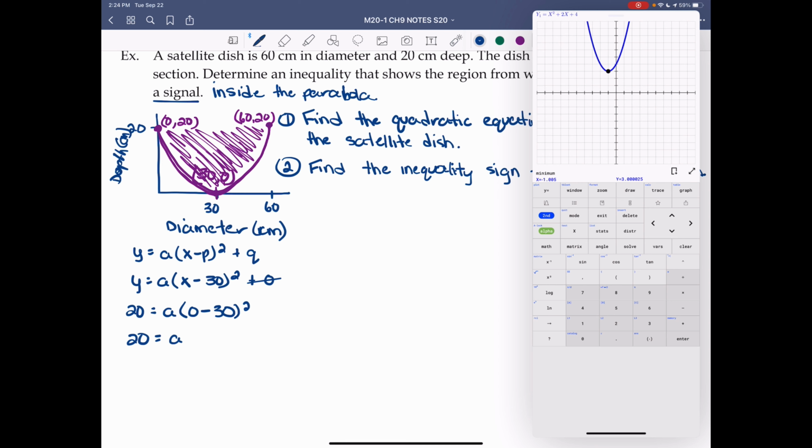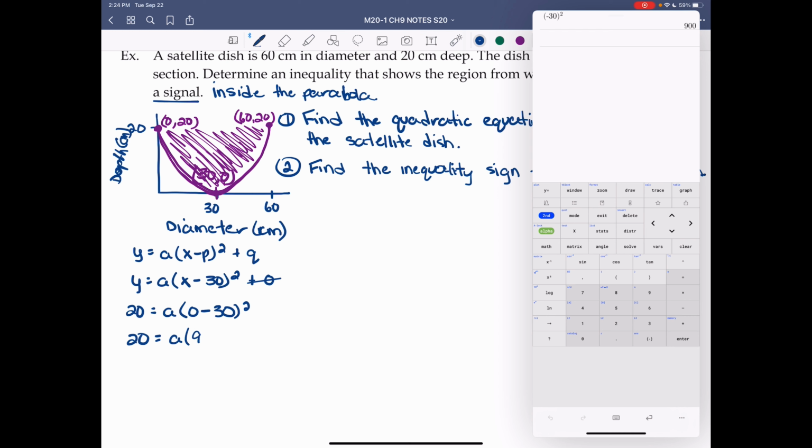We want to go to our main screen, and we have negative 30 close bracket squared. Enter, we get 900. So a times 900. We want to then divide by 900 on both sides.